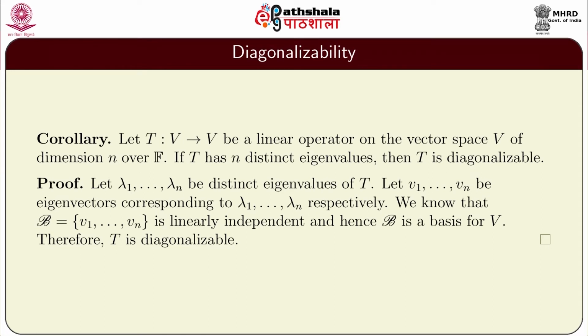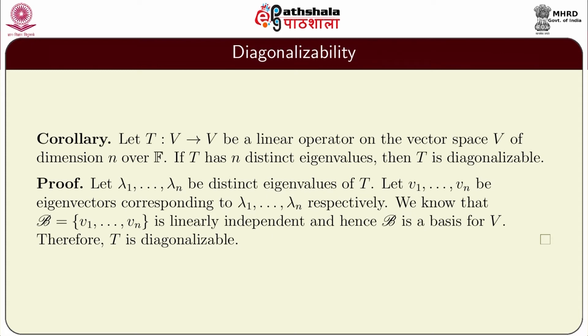The proof is simple enough. Suppose that lambda 1 etcetera up to lambda n are distinct eigenvalues of T. If v1, v2 etcetera up to vn are eigenvectors corresponding to lambda 1, lambda 2 up to lambda n respectively, then we know that v1, v2, vn are linearly independent by the previous theorem.